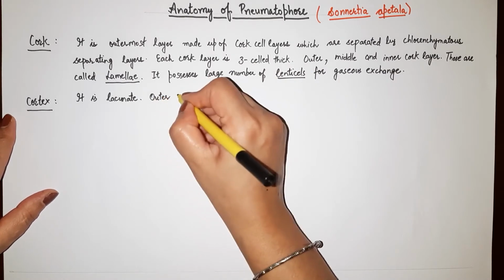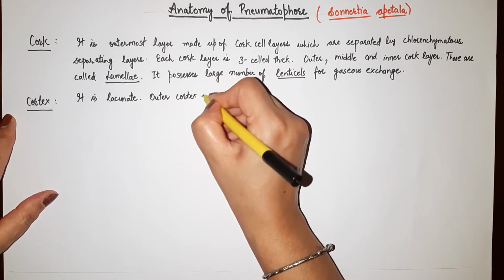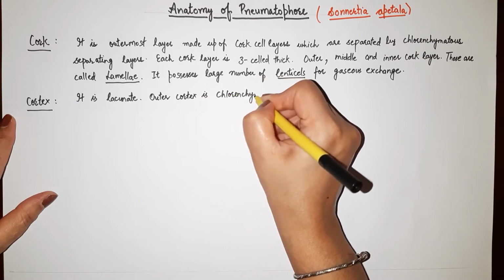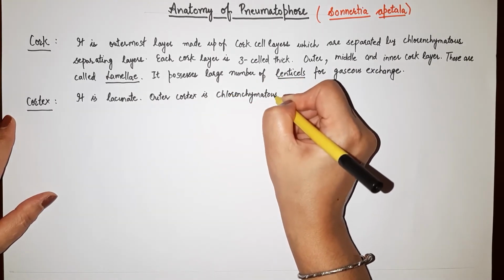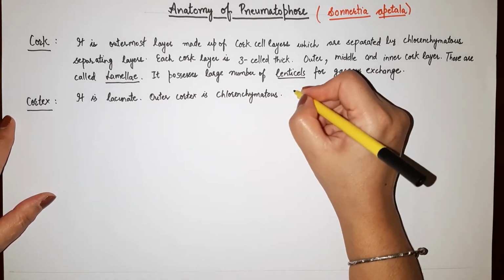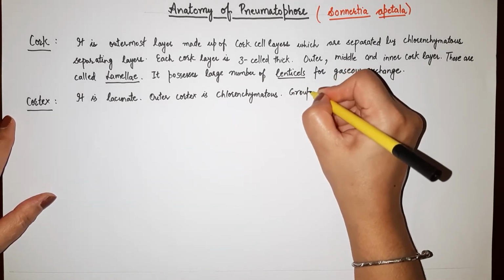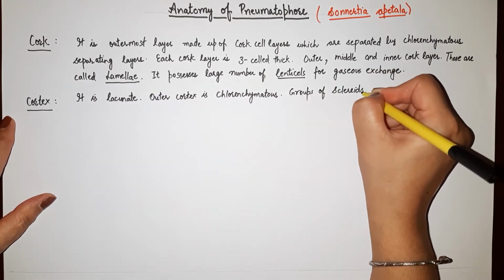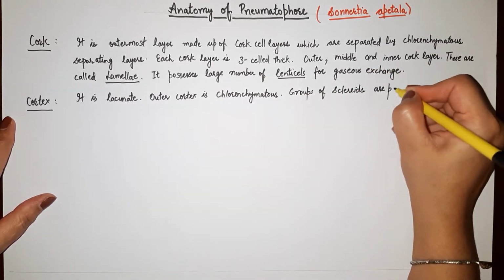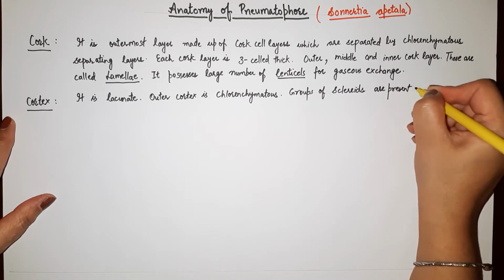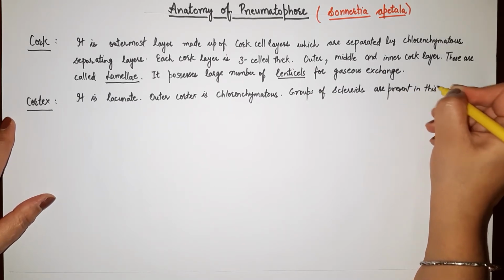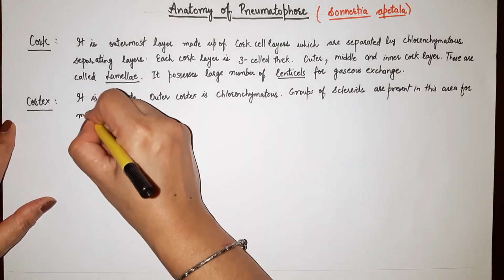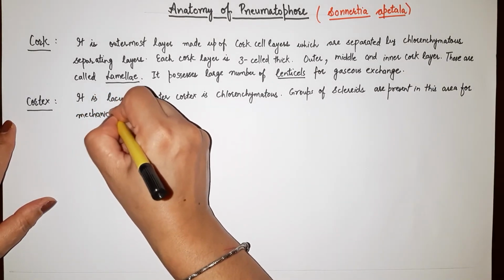Outer cortex is chlorenchymatous and groups of sclereids are present in this area for mechanical strength.